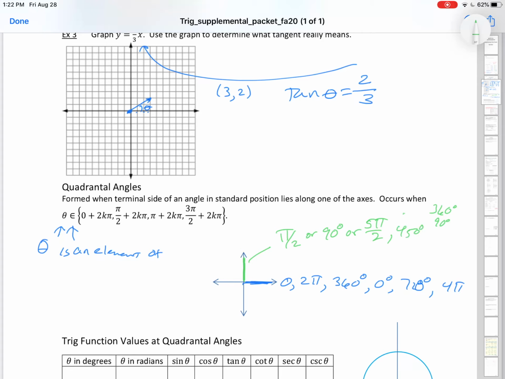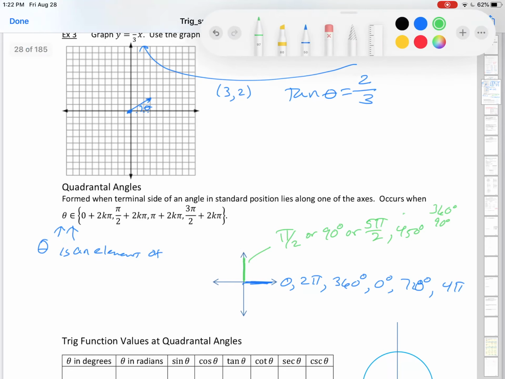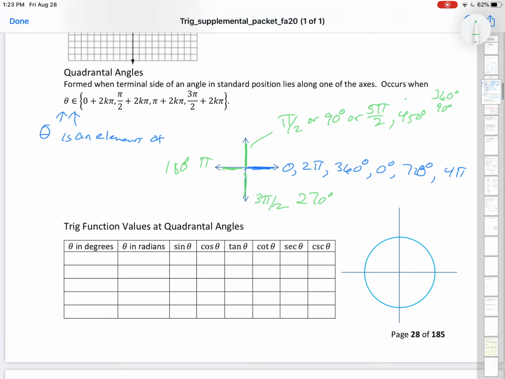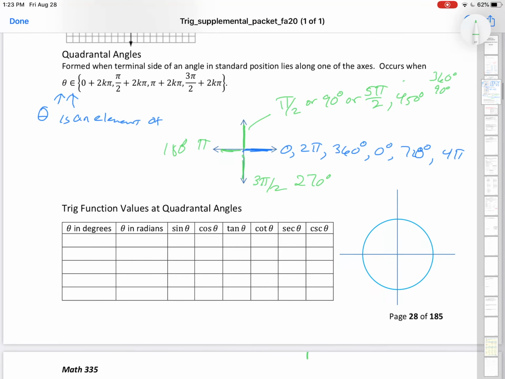All those would end up right there. And then similarly, this would be the pi one, and this would be 3 pi over 2, right? Or 180 degrees and 270 degrees. Okay. And so we want to know the sine, cosines, and tangents of those.